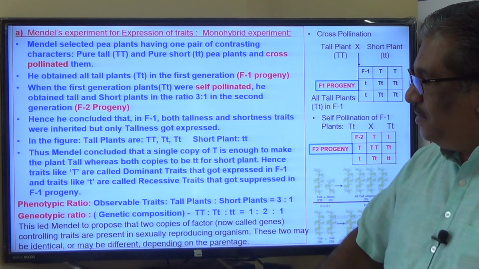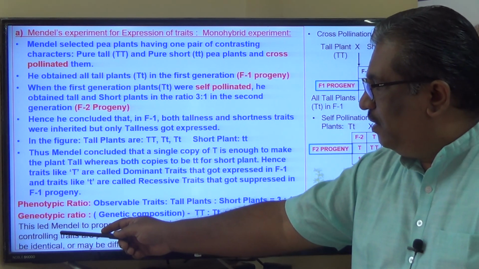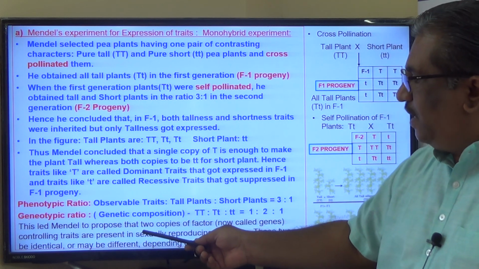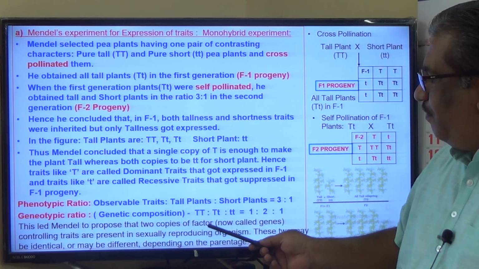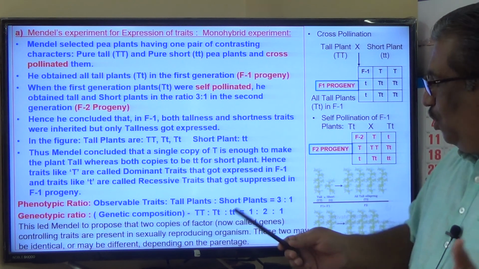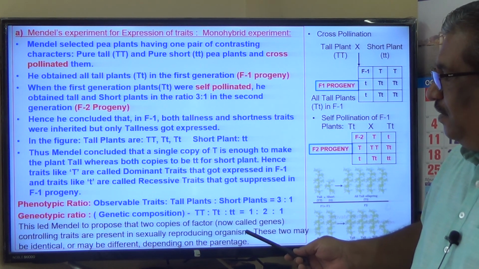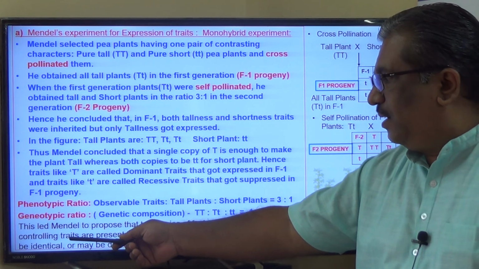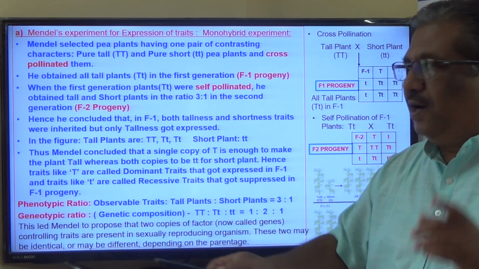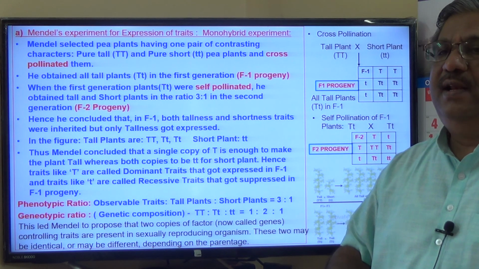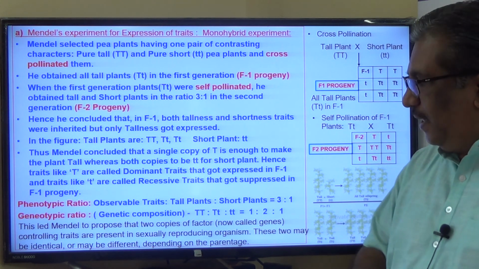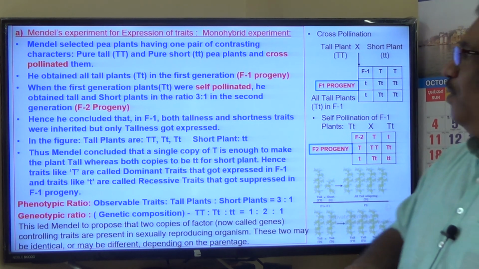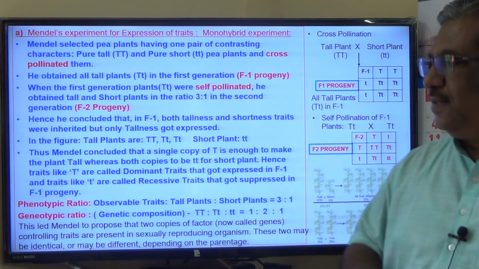The second thing is that this experiment led Mendel to propose that 2 copies of a factor, or 2 copies of genes, or 1 pair of genes, are required to control one particular trait in sexually reproducing organisms. I hope you understood Mendel's monohybrid experiments and their conclusion.